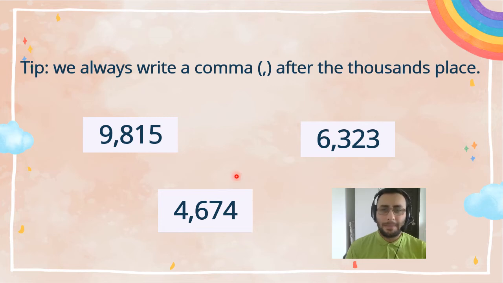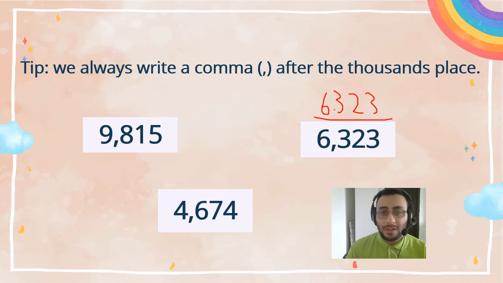Let's see other examples. By the way, guys, we always write comma. This is comma. You see this? This is called comma. After thousands place. So you see ones, tens, hundreds. Then you have to put a comma between hundreds and thousands. Because if the number, for example, this number 6323, you see, it's not beautiful, right?